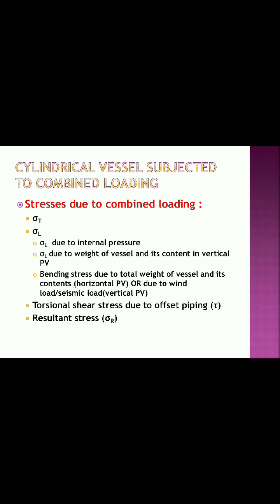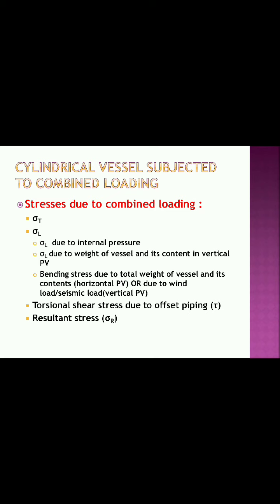So sigma L is considered based on internal pressure, and also based on the weight of vessel and the stresses, either bending stresses or wind or seismic load for horizontal and vertical pressure vessels respectively.